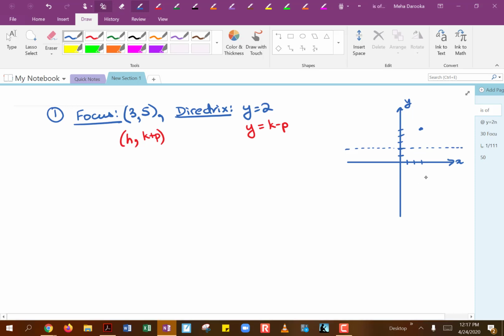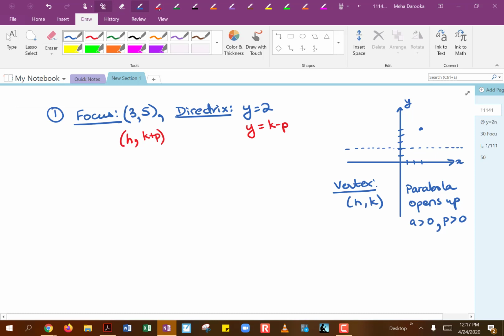This actually tells me that our parabola basically opens up. Okay, so parabola opens up, which tells us our a value has to be positive, which means the p value also has to be positive. Okay, now remember the coordinates for the vertex of our parabola are at h, k.